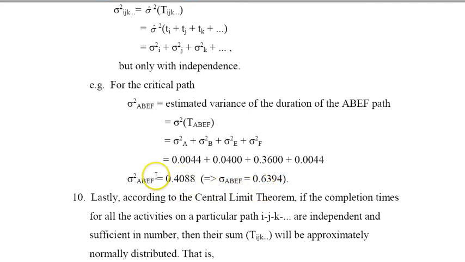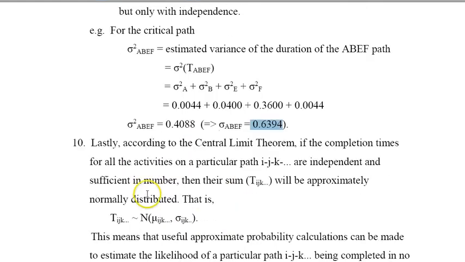It's very important to remember, don't add the standard deviations. That would give you the wrong answer. So if you are asked to find the standard deviation of the critical path, find the variances of the individual activities, add them up, and then take the square root to find the standard deviation.